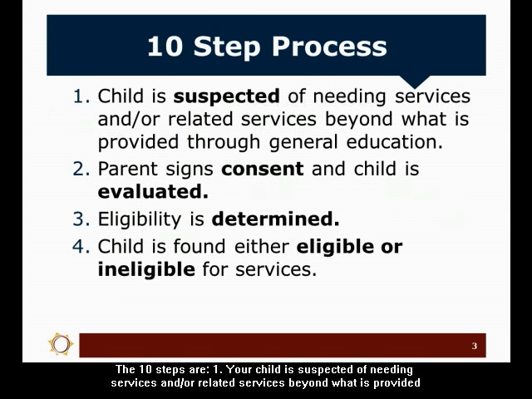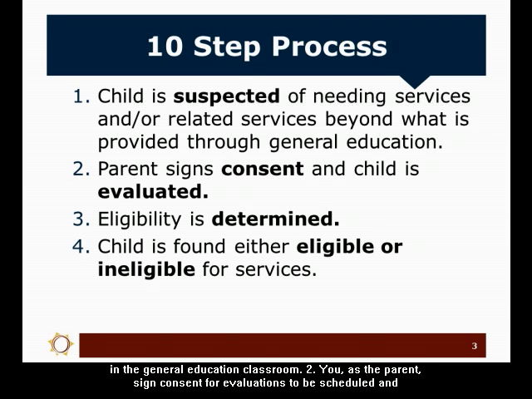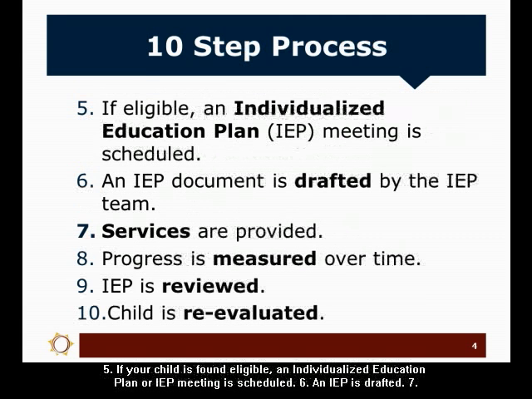The 10 steps are: 1. Your child is suspected of needing services and/or related services beyond what is provided in the general education classroom. 2. You, as the parent, sign consent for evaluations to be scheduled and performed. 3. Eligibility is determined. 4. Your child is found either eligible or not eligible for services. 5.